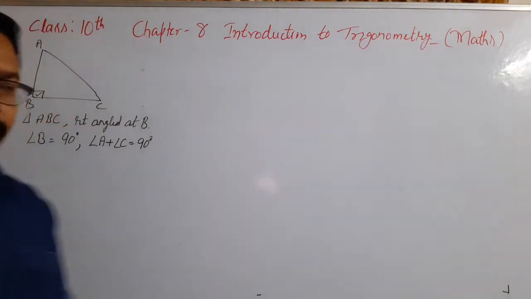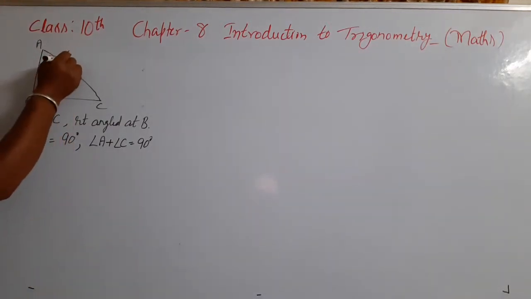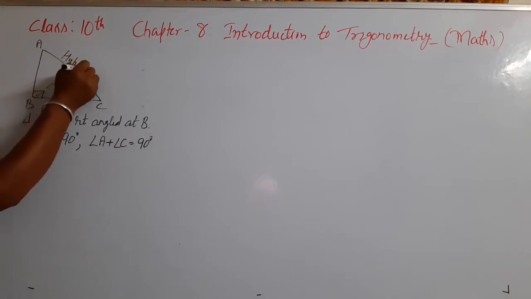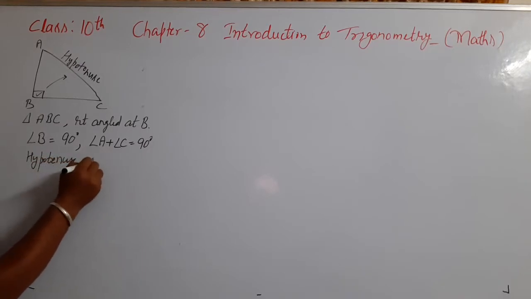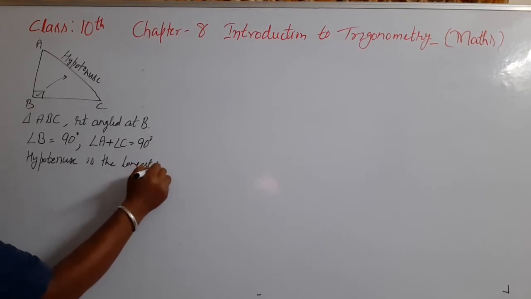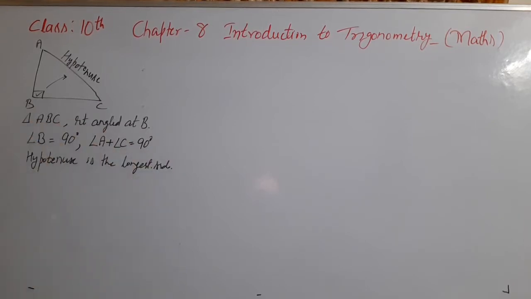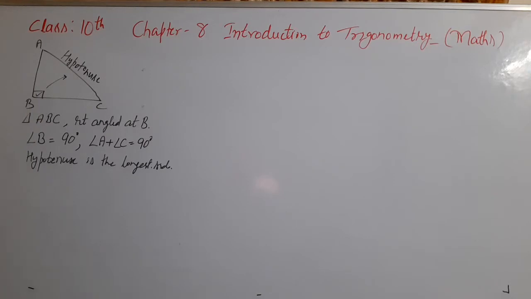Next thing, we know that the side opposite to angle B is called what? Hypotenuse. And we know that the hypotenuse is the longest side. The hypotenuse of a right triangle is the longest side of the triangle.